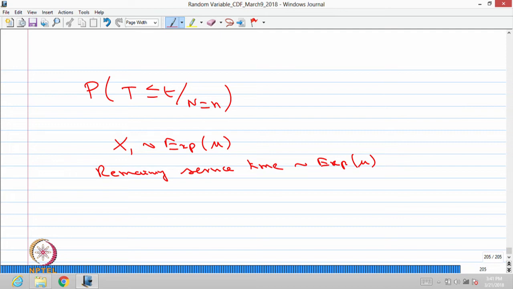That is, the conditional probability of X greater than t plus s, given that X is greater than s, is the same as the probability of X greater than t. That means the past history is erased, and the conditional probability is again the probability of X greater than t, which has the same exponential distribution.